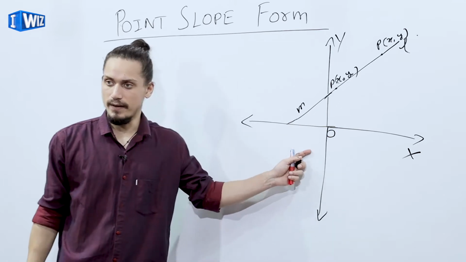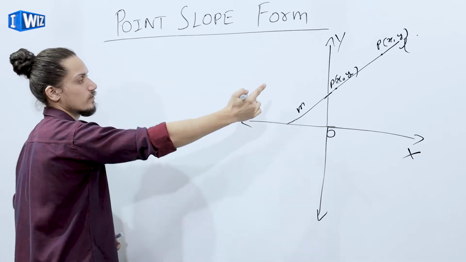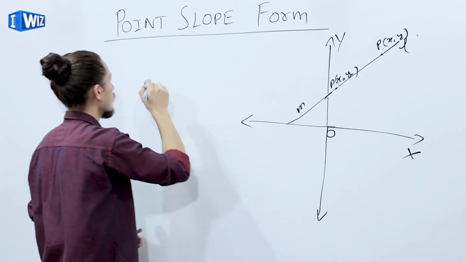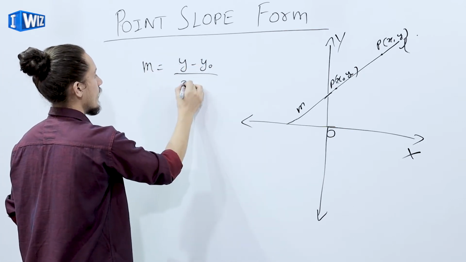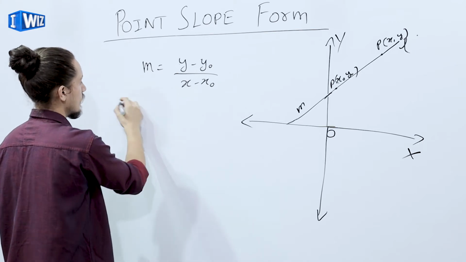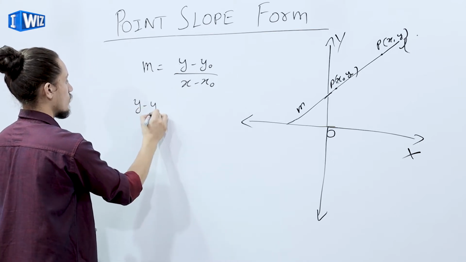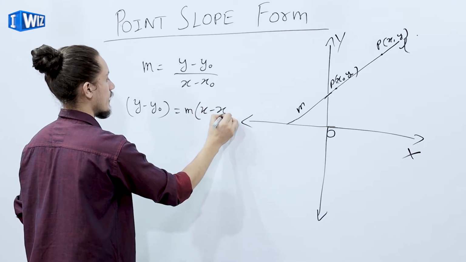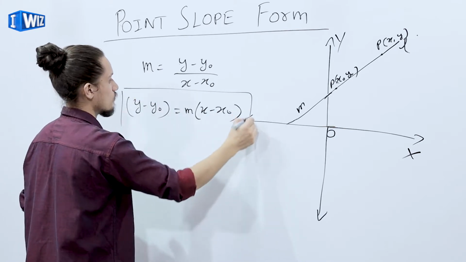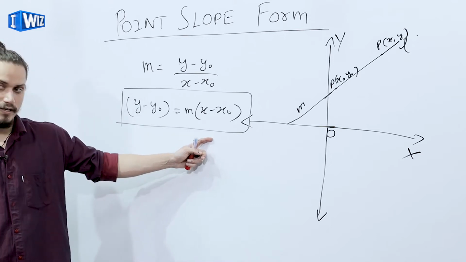Slope of this line is m. So using how to find slope of a line when 2 points are given, we get m is equal to y minus y naught over x minus x naught. Cross multiply, we get y minus y naught is equal to m times x minus x naught. This is the point slope form of an equation of line.